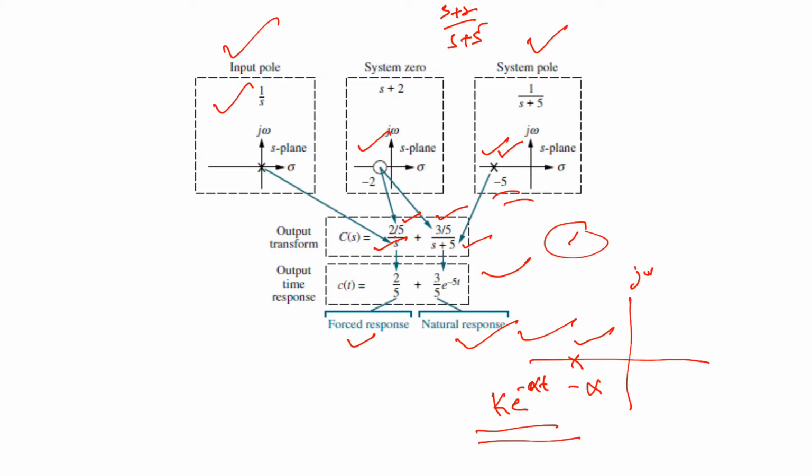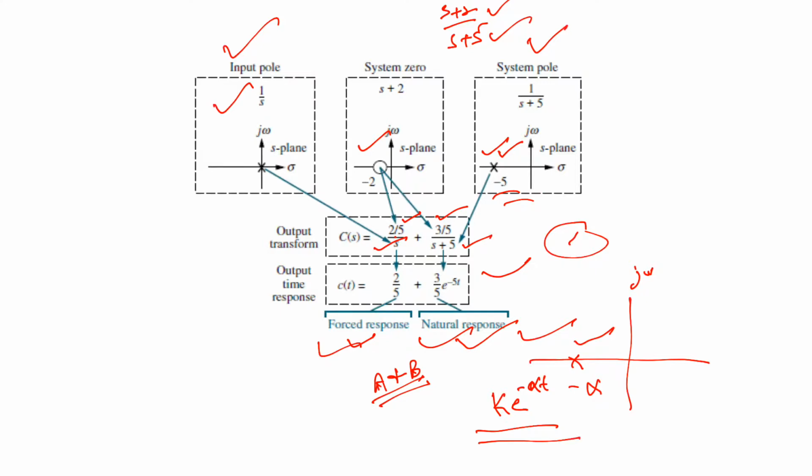One more point is that these zeros and these poles generate the amplitude of both the forced response and the natural response, which can be seen from the calculation of A and B that we calculated using the partial fraction expansion.